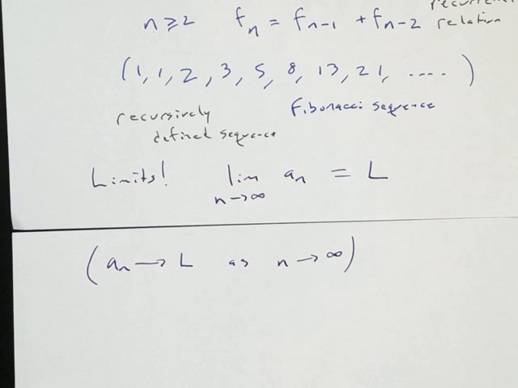I'm going to be a pain. There was a precise way to define a limit. An epsilon and a delta. Remember that? What does this mean?